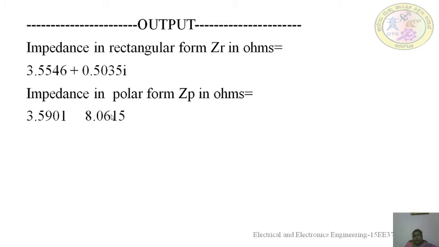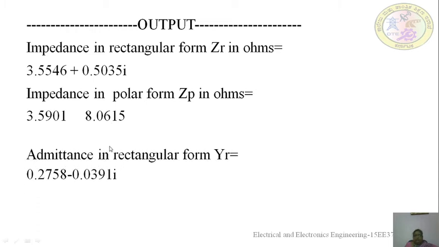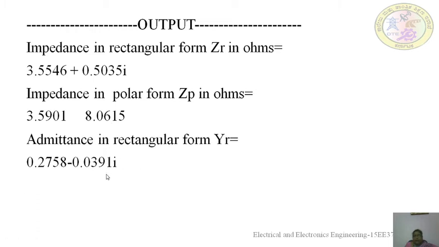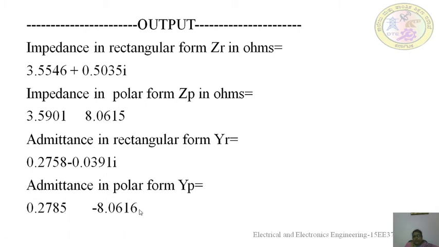So this is the magnitude and this is the angle. Admittance in the rectangular form again. Now admittance in the polar form. So this is how your output will be looking in MATLAB, right? So I think you have understood how to write a program.